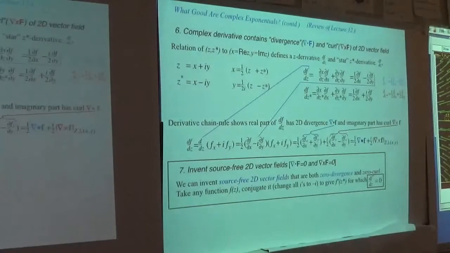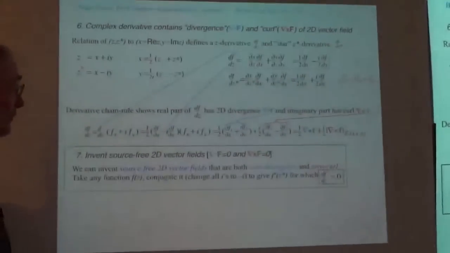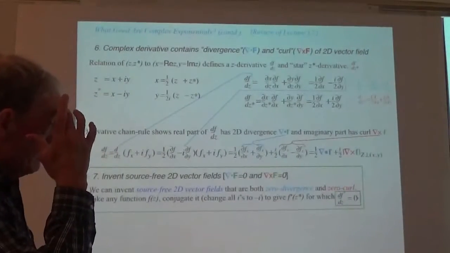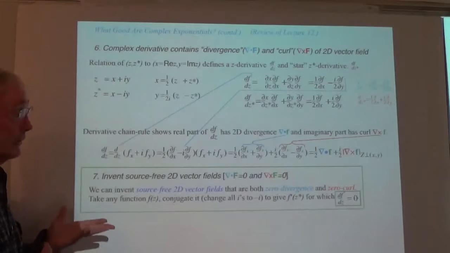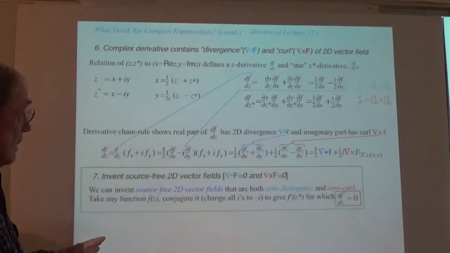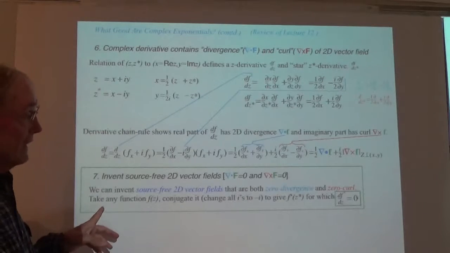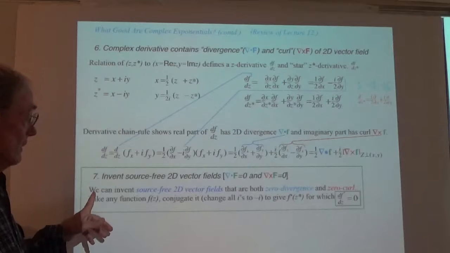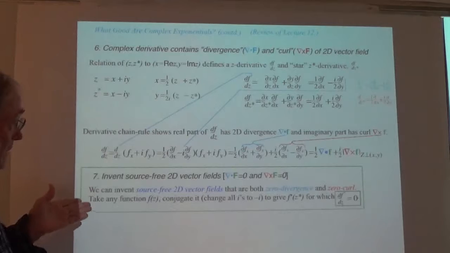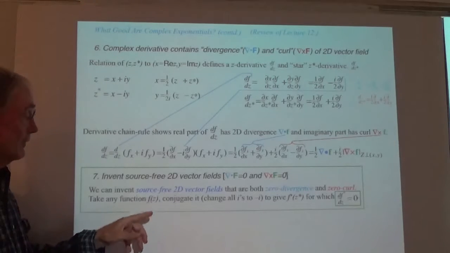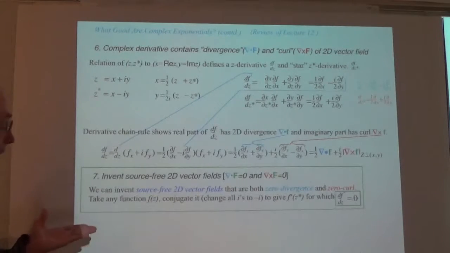But the real crazy thing about all of this is that to invent a new source-free vector field, or to invent some really beautiful structures that have to do with the curvilinear coordinates that we're going to be dealing with in the rest of this mechanics class, the idea is that you simply pick any function that you can think of.